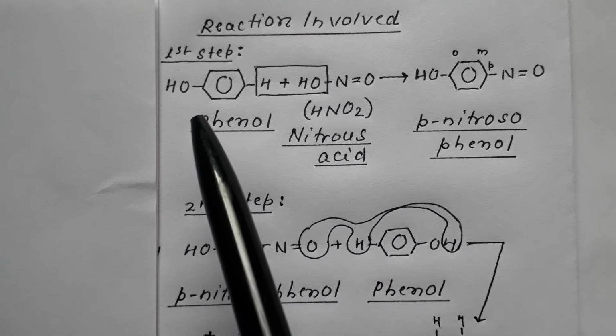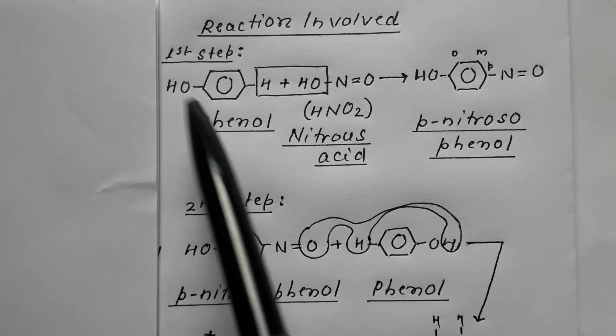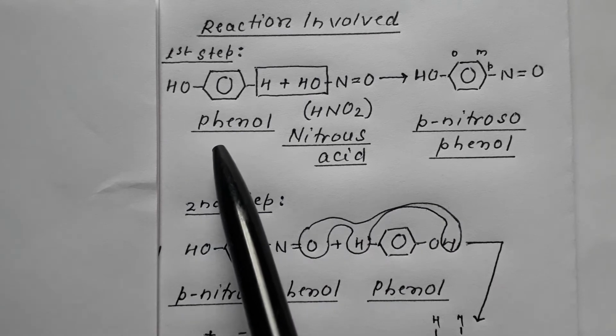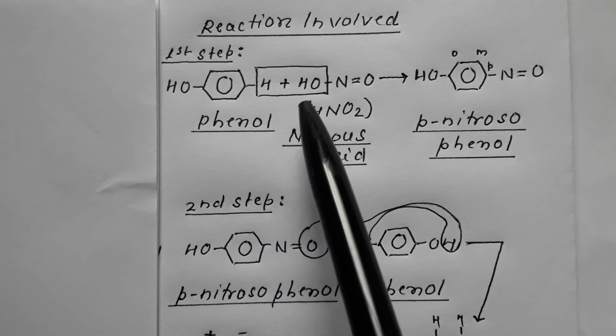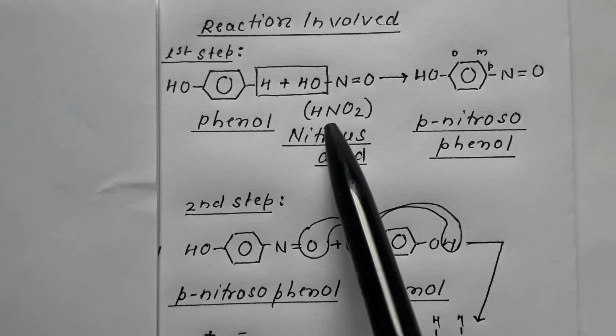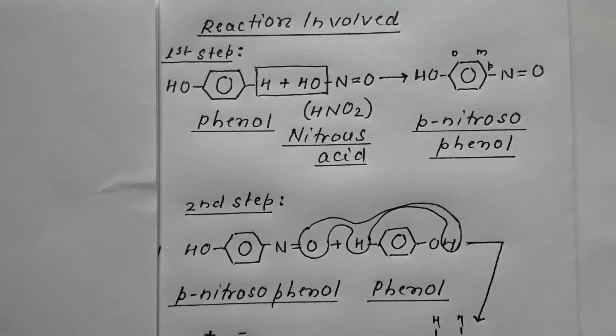So what happens? In the first step, benzene ring with OH, which is termed as phenol, it could be of any kind. Now phenol is made to react with HNO2, nitrous acid. Remember, HNO2 is an unstable acid, therefore it is prepared on the spot by reacting NaNO2, sodium nitrite, with HCl.